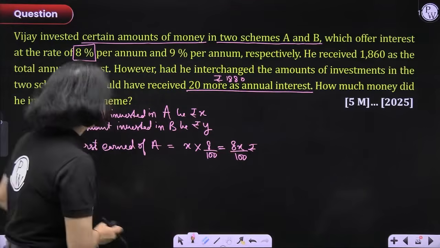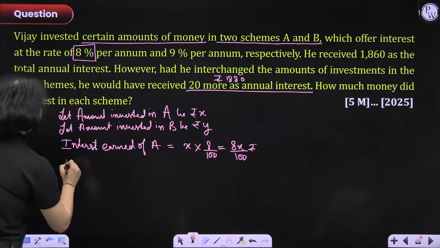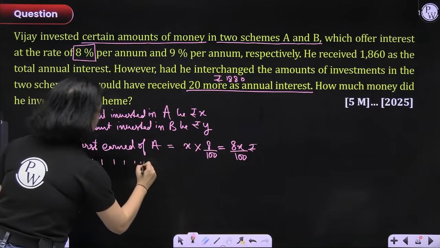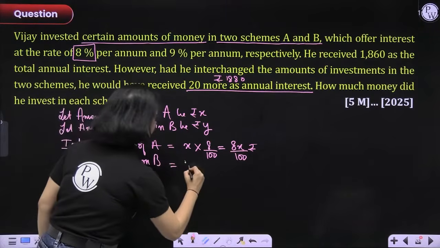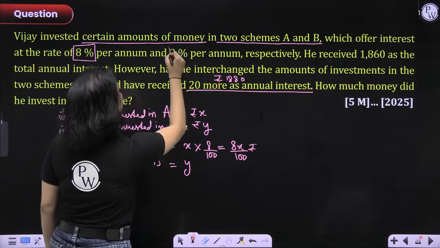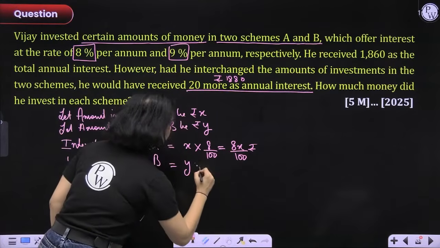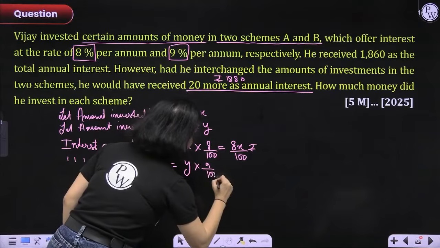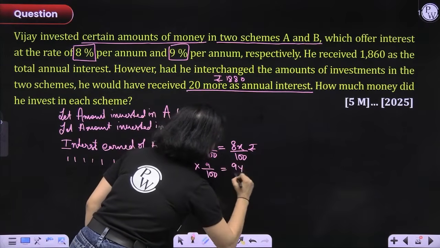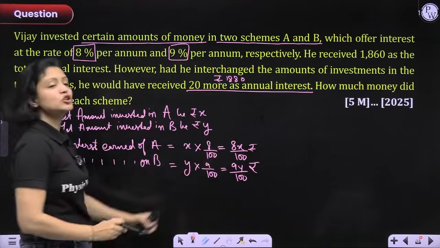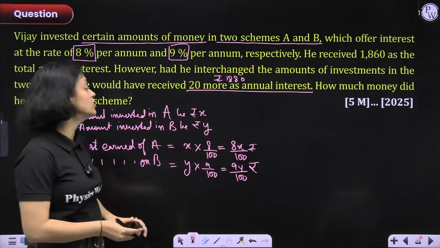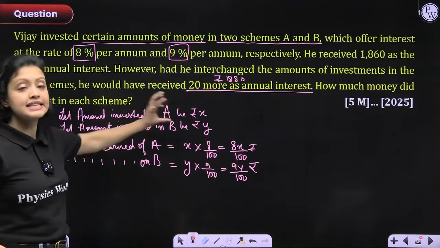Remember that. Okay. Now, similarly, guys, interest earned on B. That would be what? Y into, second one is 9%, right? So, y into 9 by 100. So, that would be 9y over 100 rupees. Same concept, guys, same concept. Okay, so these are the two interest earned on both these schemes respectively.